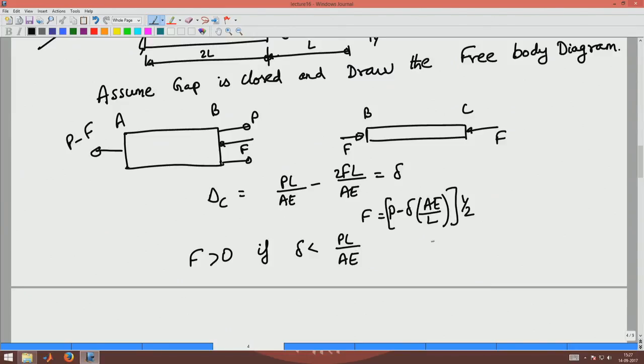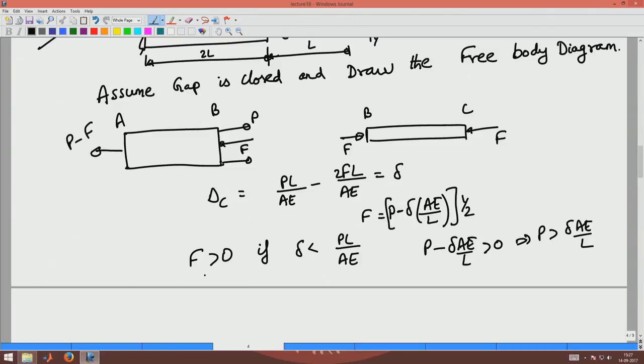How do I get that? I get it from the fact that P minus delta AE by L has to be greater than 0, which means P must be greater than delta AE by L. This implies delta has to be lesser than PL by AE. Okay.